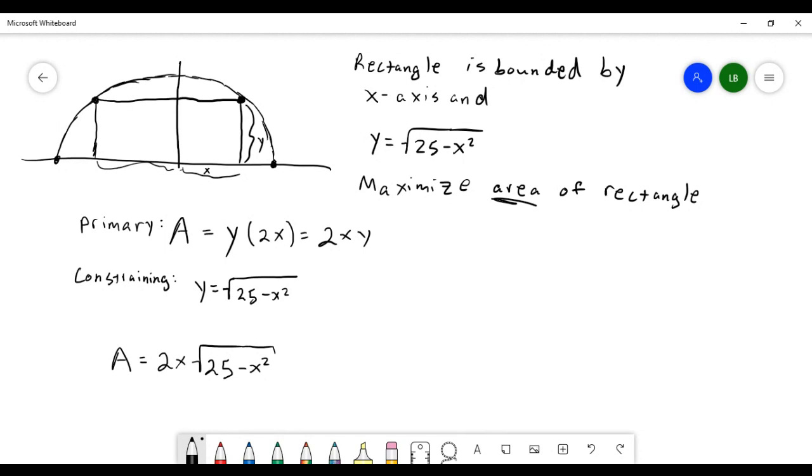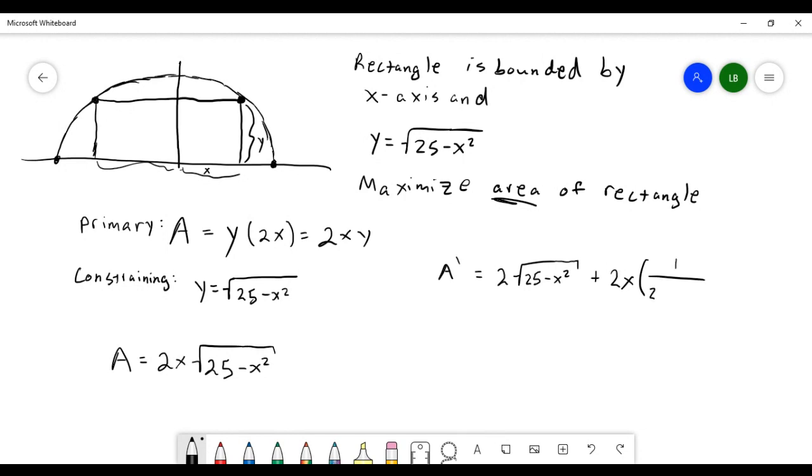But if we keep moving on, from here we would get that our first derivative, A prime, is 2 times the square root of 25 minus x squared. I'm using the product rule here. And then plus 2x times the derivative of the square root of 25 minus x squared. We're going to need to use the chain rule.